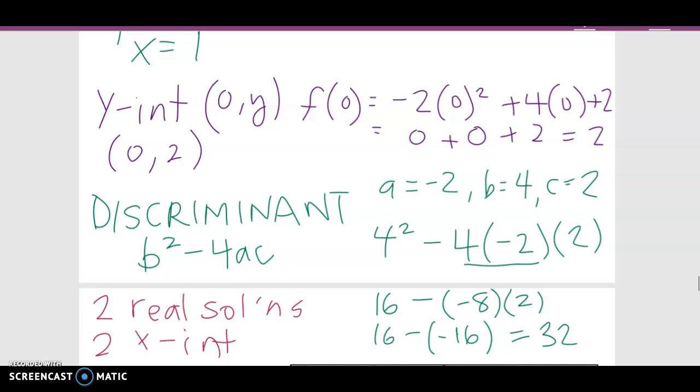We're supposed to be able to graph a quadratic function, and the methods I've been teaching you are methods that you can choose between. Like in your classwork today, you're going to be asked to identify the vertex of a quadratic when it's in standard form. So example 1 had you do that by changing it from standard form to vertex form, so you could see what the vertex was, HK.